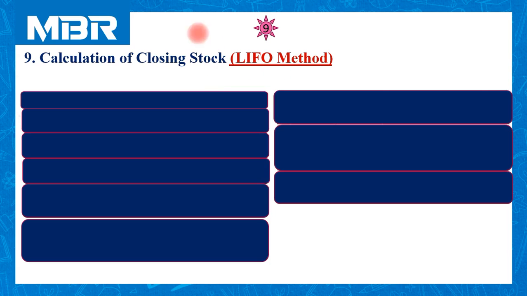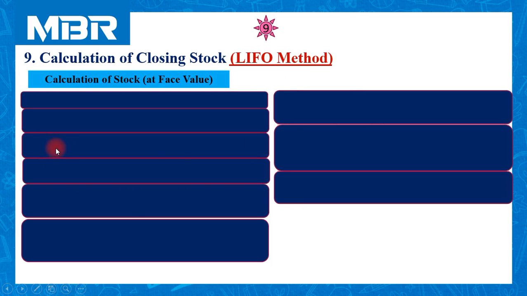It is the very first question of the chapter where we are using the LIFO, last in first out method, for the purpose of evaluation. Let us calculate closing stock at face value with the logical sequence following last in first out.